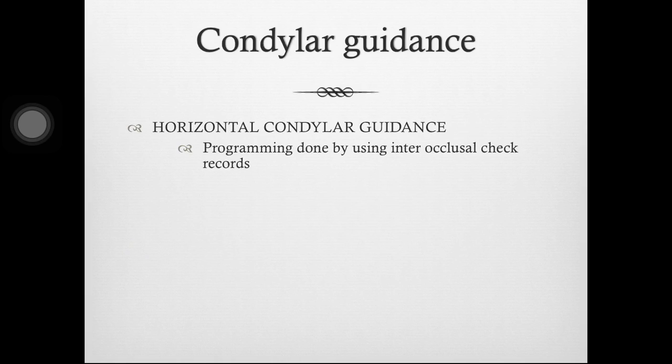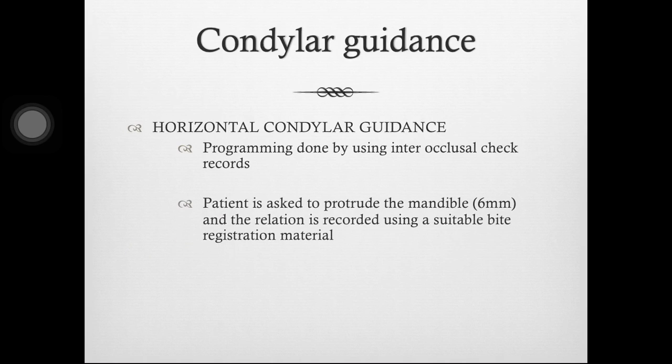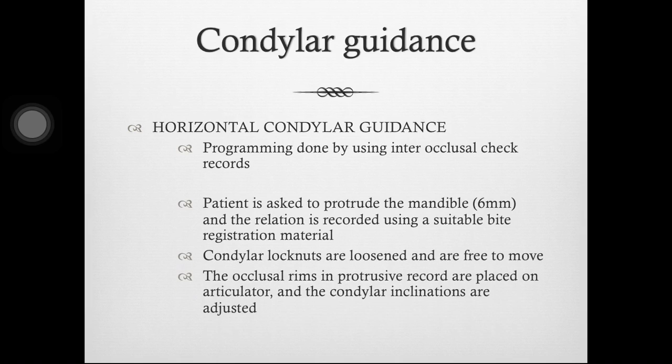Horizontal guidance is done by using interocclusal records like centric and eccentric or the protrusive records. The patient is asked to protrude the mandible and the relation is recorded using a suitable bite registration material. Condylar lock nuts are loosened and are free to move. The occlusal rims in protrusive and centric records are placed on the articulator and the condylar inclinations are adjusted.